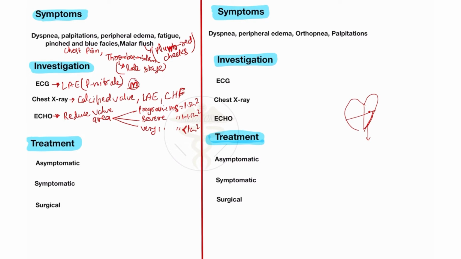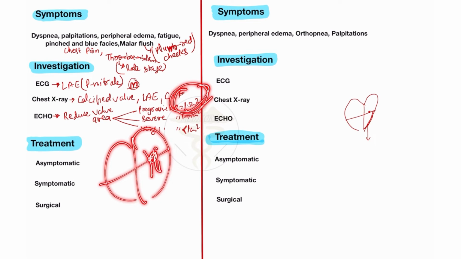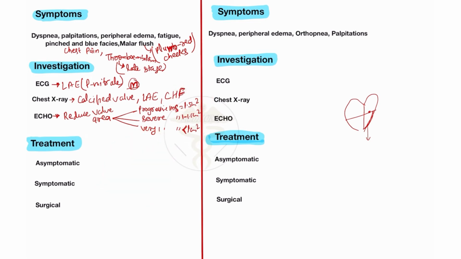So there are three types: progressive mitral stenosis, the mild or moderate type, with an area greater than 1.5 square centimeters. In the severe cases, you will see an area of 1 to 1.5 square centimeters.